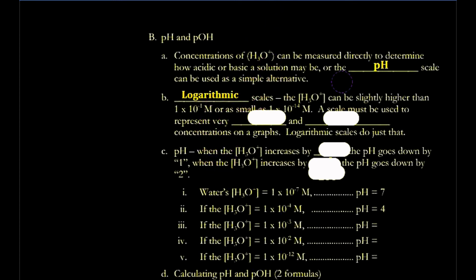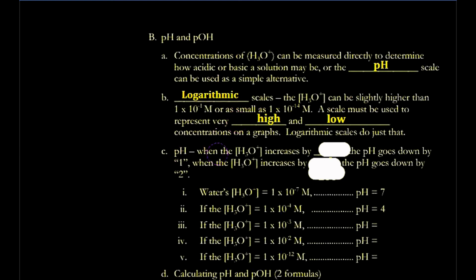The hydronium concentration can be slightly higher than 1 times 10 to the negative 1 molar, or as small as 1 times 10 to the negative 14th molar. A scale must be used to represent very high and very low concentrations on a graph. We do that with a logarithmic scale.